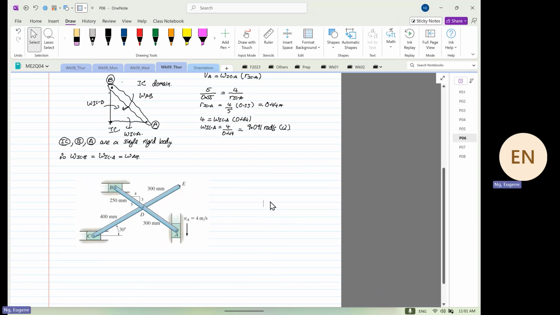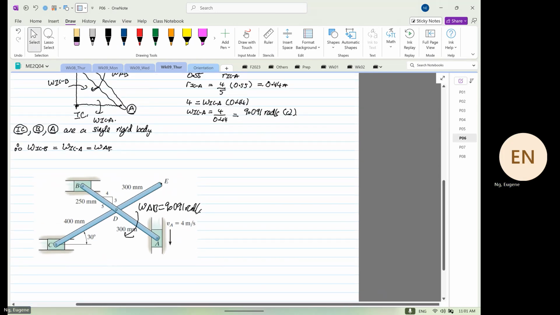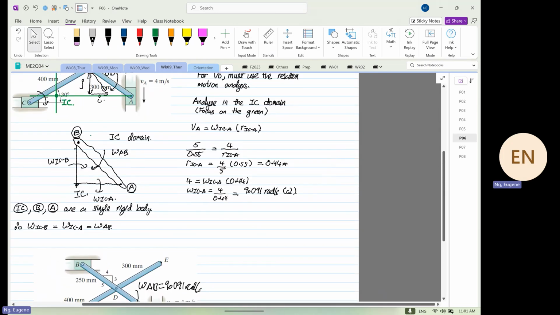Okay, so we know that over here, omega AB is equal to 9.091 radians per second. Okay, we know that now. So from here, we are going to use what?